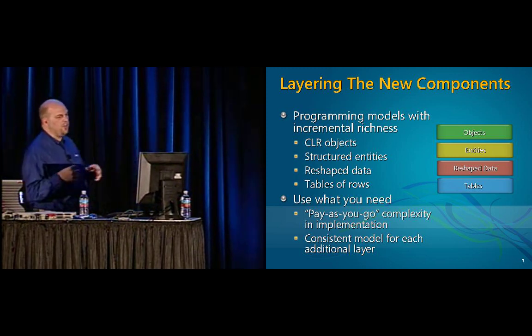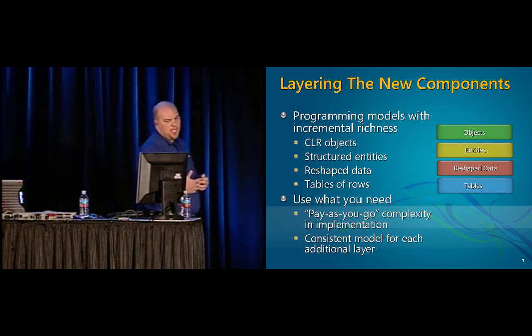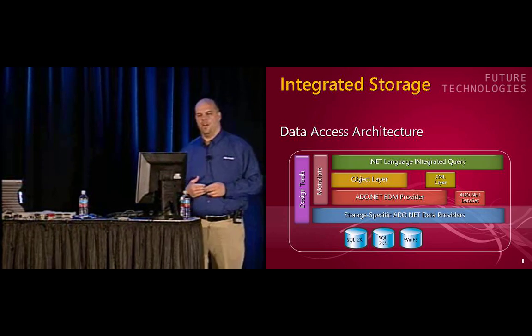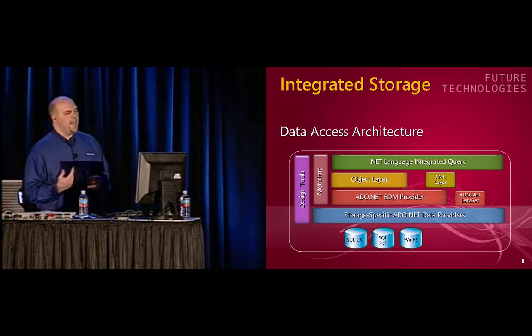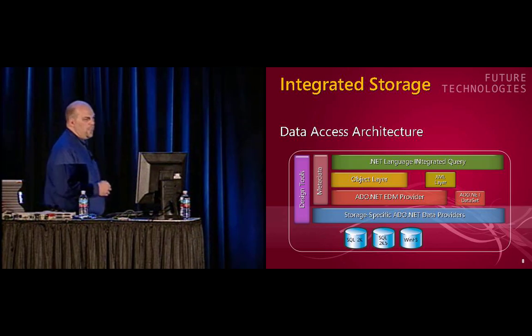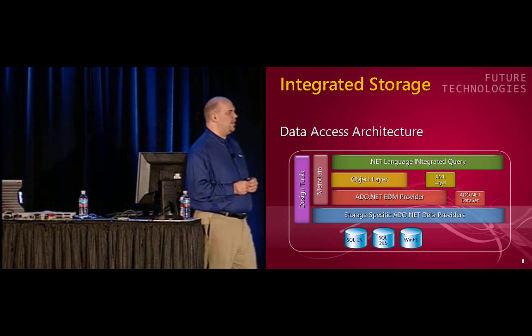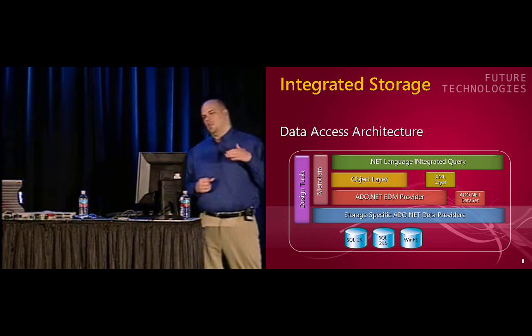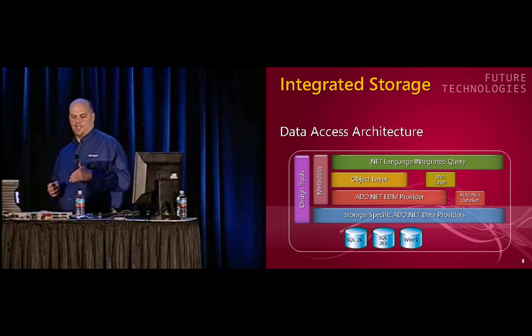There are some extensions to the data provider interface that I'll talk about coming up, but it is essentially the data provider interface that you already know from ADO.NET. Above that layer, we now introduce a thing called the ADO.NET EDM provider. And EDM stands for Entity Data Model. The EDM provider is the thing that actually provides a couple of the layers that I just talked about.